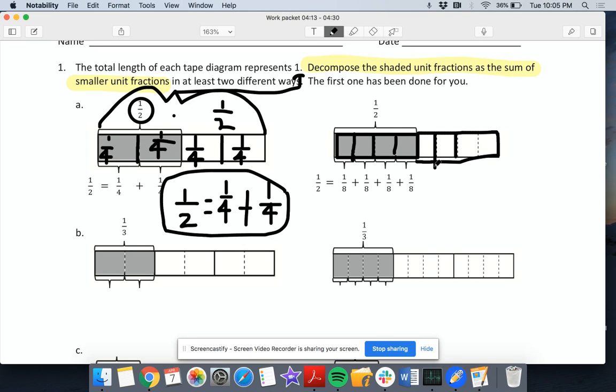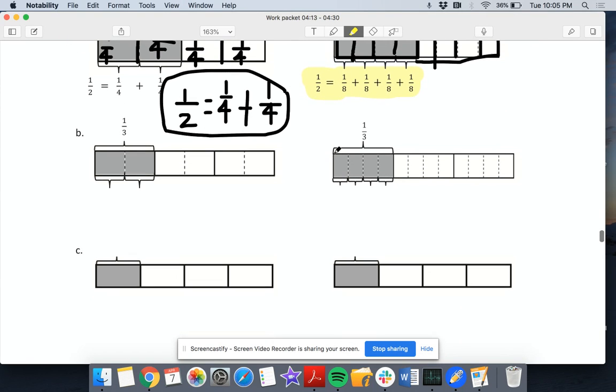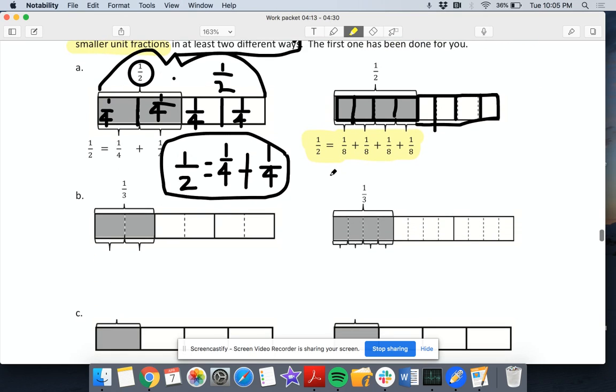So instead of each unit fraction being 1/4, each unit fraction is 1/8. And that is represented now in this number sentence. So representing the shaded region, 1/2 is equal to 1/8 plus 1/8 plus 1/8 plus 1/8.